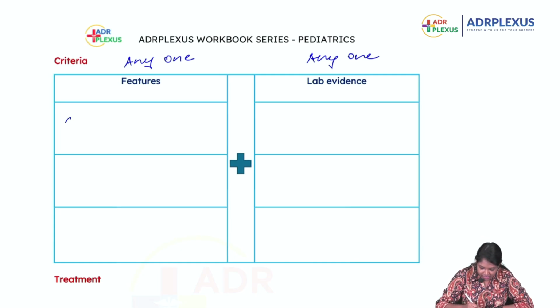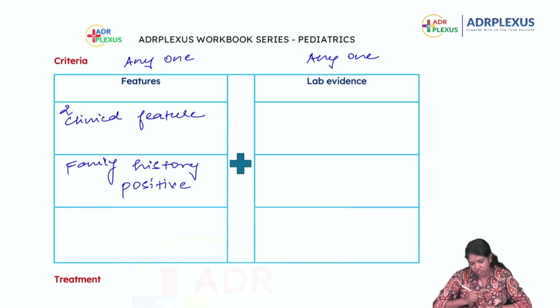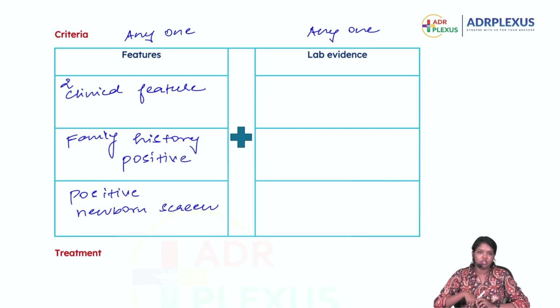In features: at least 2 clinical features as mentioned above. Family history positive. Positive newborn screening. Among this, one should be there.